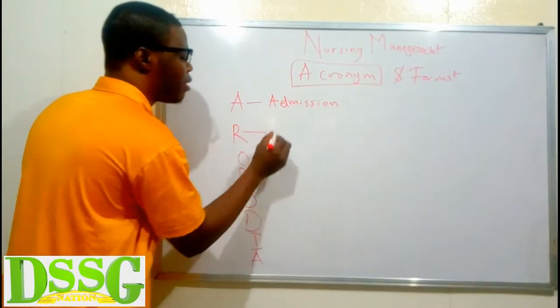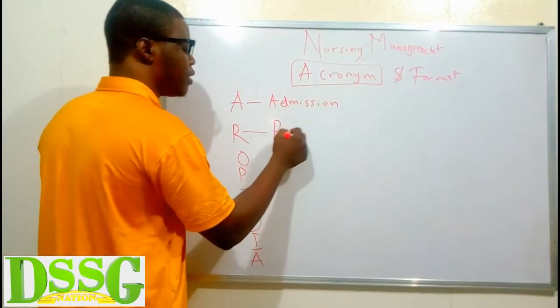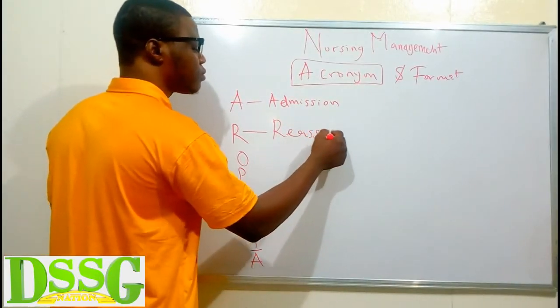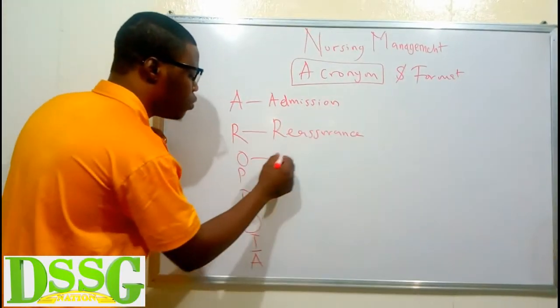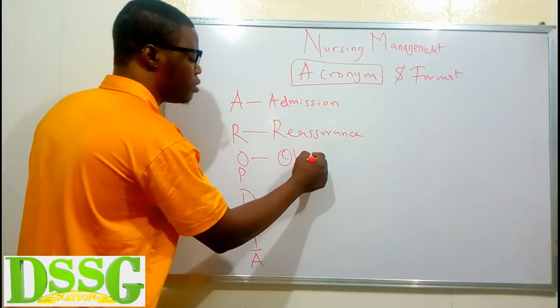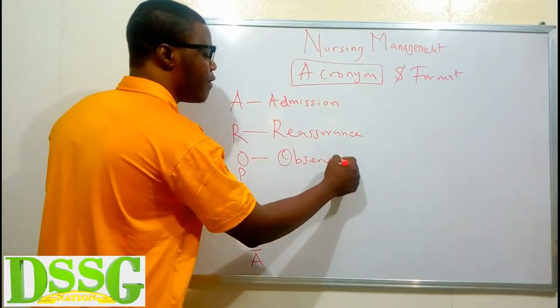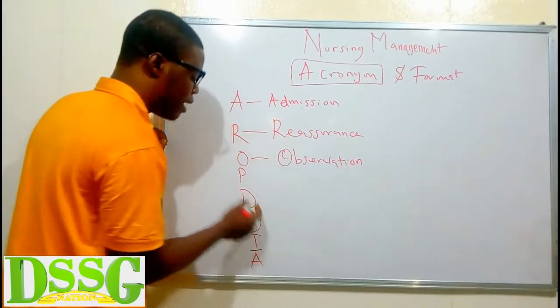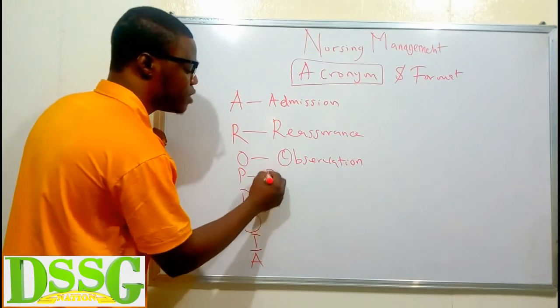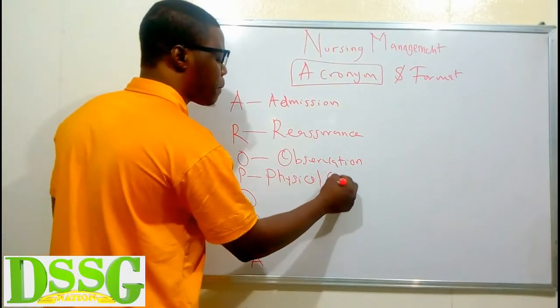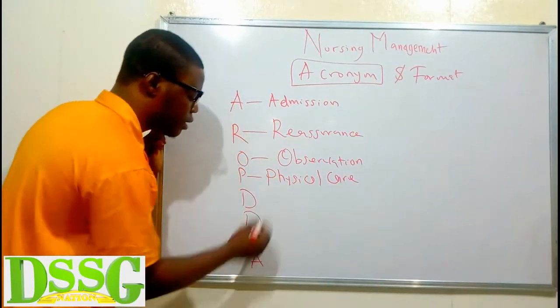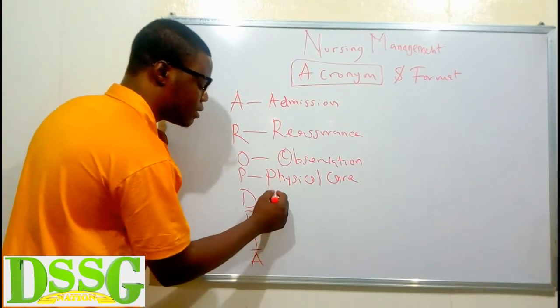The R is reassurance. The O is observation. The P is physical care. The D is diet.